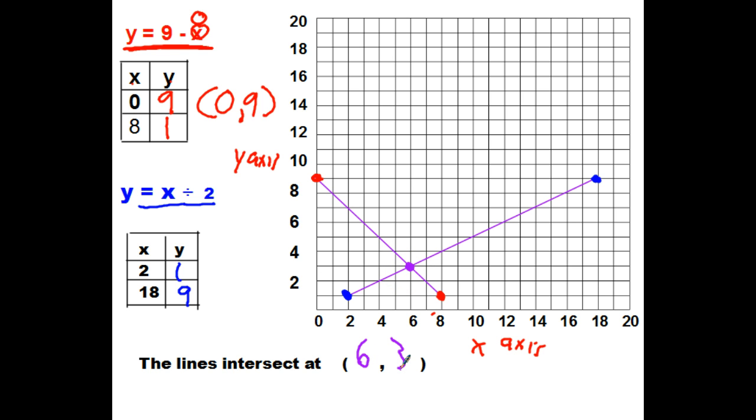And I want to just double check to make sure that this point does fit in both of them. So I'm going to come up here and try this out. 6, 3, would it work here? I put a 6 in. 9 minus 6 is 3. Check. I'm going to try the 6, 3 here. I put a 6 in. 6 divided by 2 equals 3. So that is the point where those two intersect.